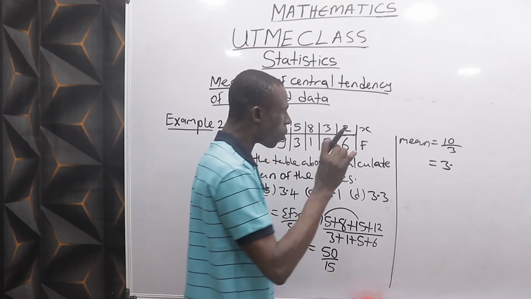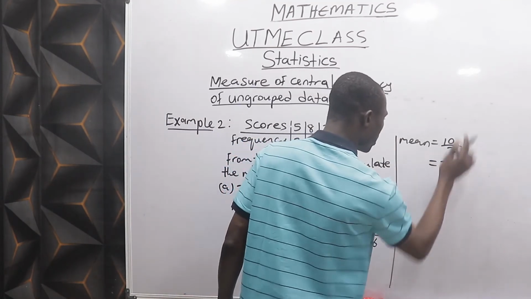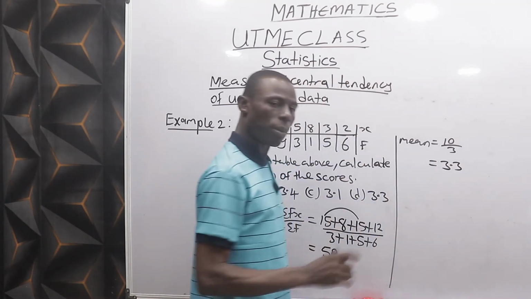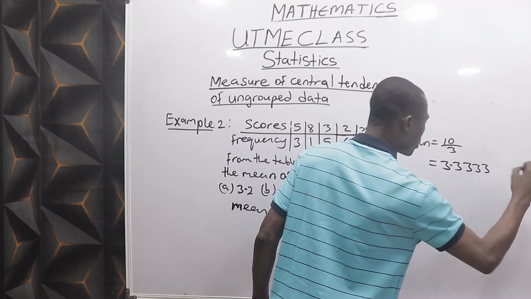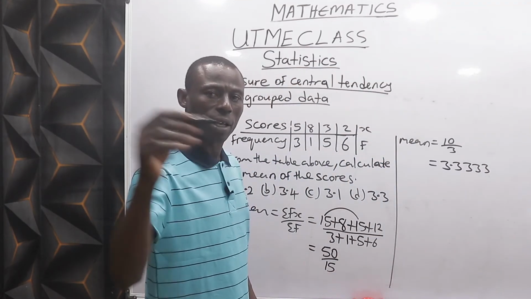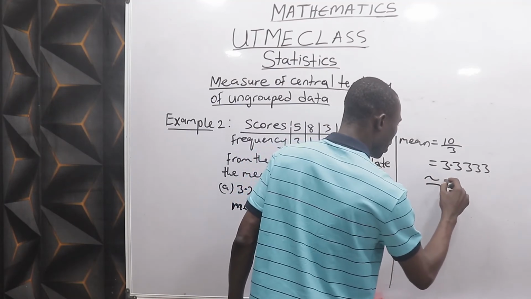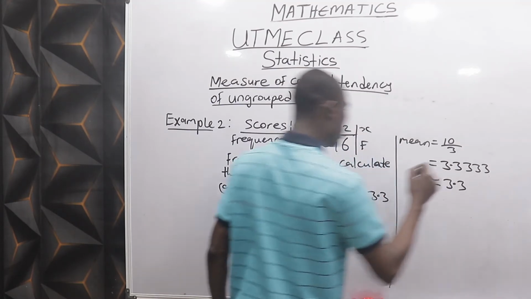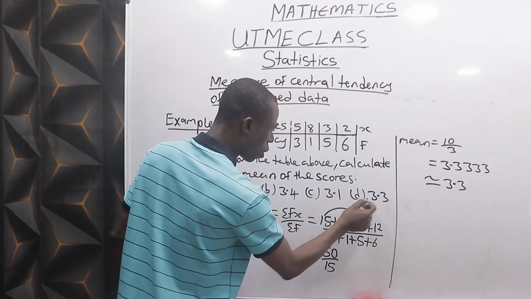Put 0 at the back of the 1. It forms 10, imaginary 10. 3 in the 10 is 3. It remains 1. So it will continue to repeat the 3 like that. So approximately, the answer is 3.3. And if you check the options, the correct option is option D.